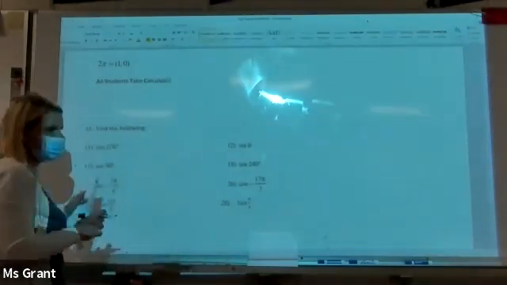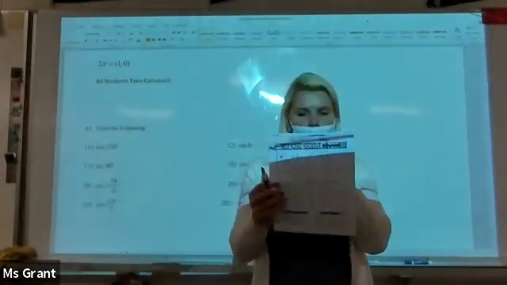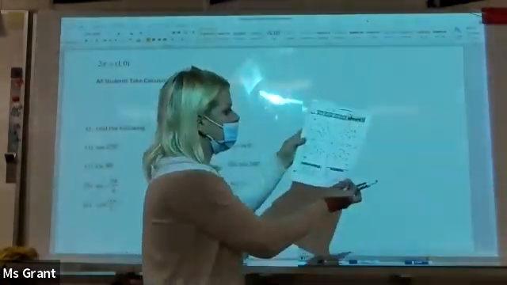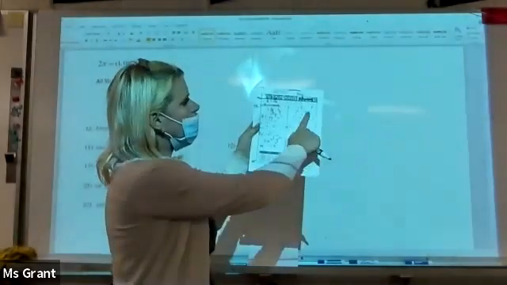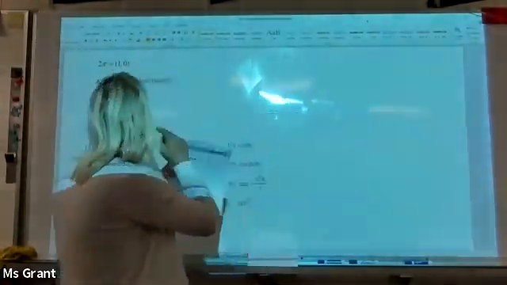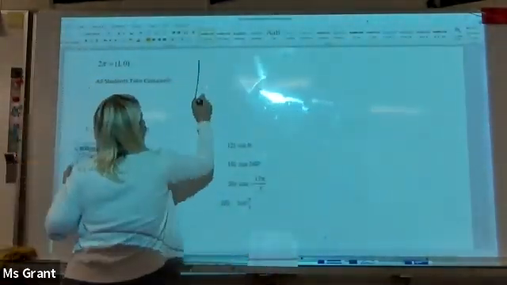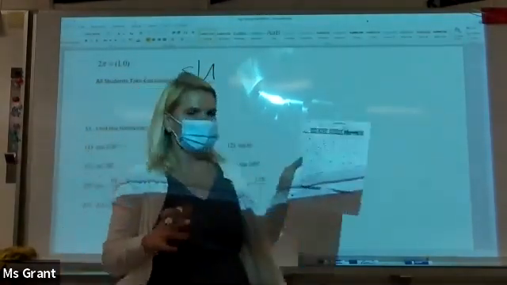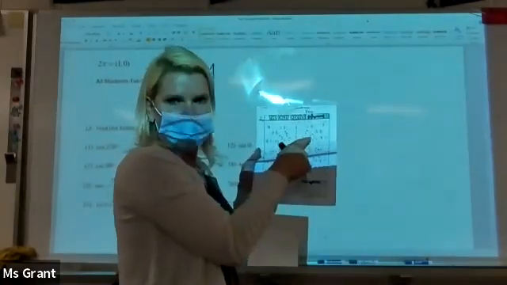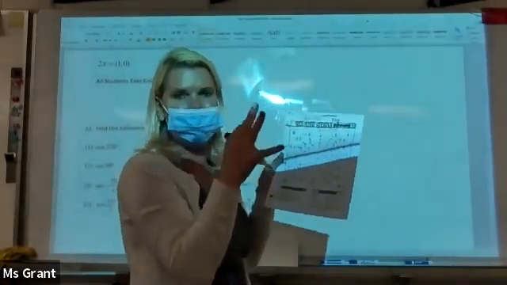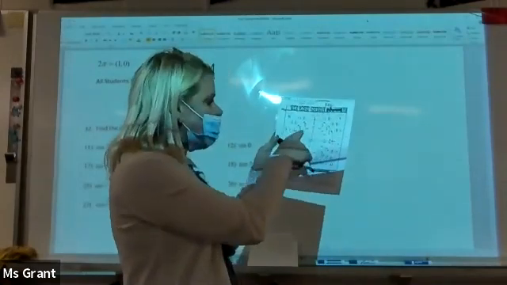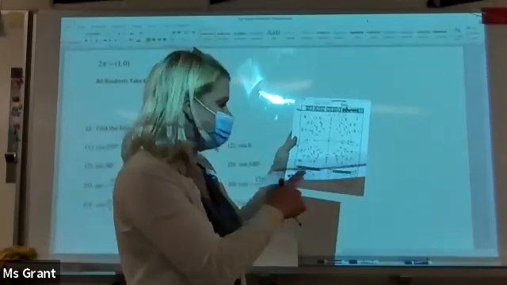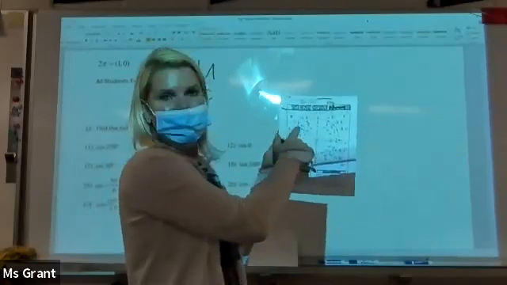In the unit circle, we can tell in what quadrant certain things are positive or negative. So, for example, in quadrant 1, all of the trig functions are positive: sine, cosine, tangent, cosecant, secant, cotangent. In quadrant 2, only sine and cosecant are positive, which means that cosine and tangent are negative in quadrant 2.